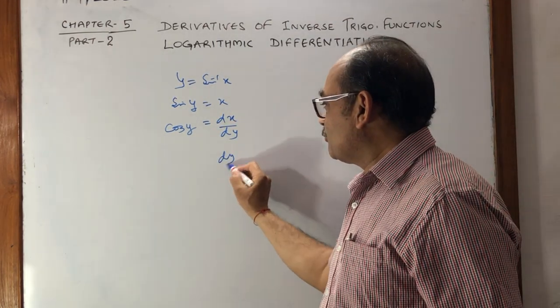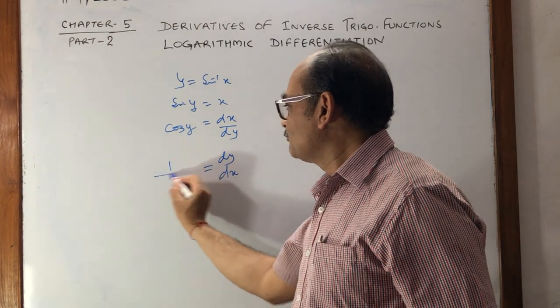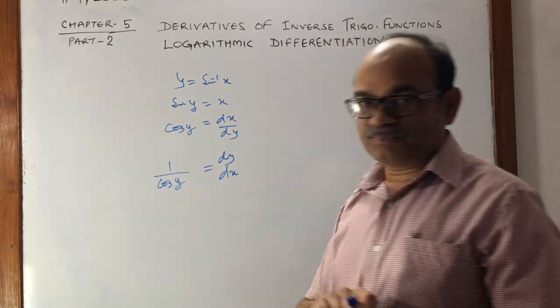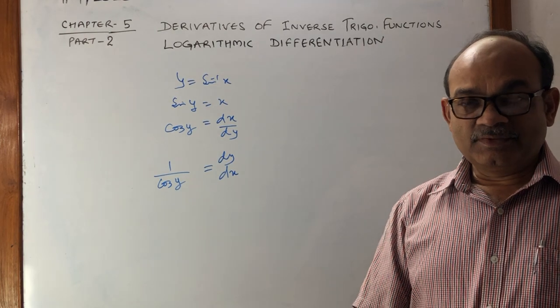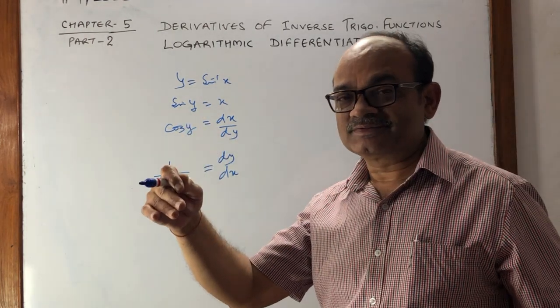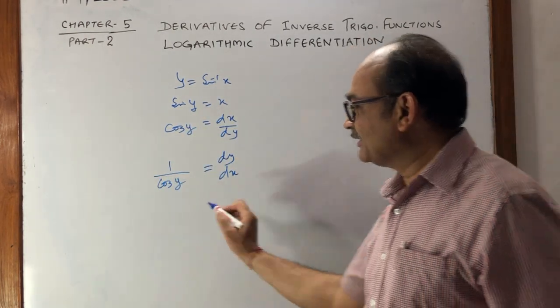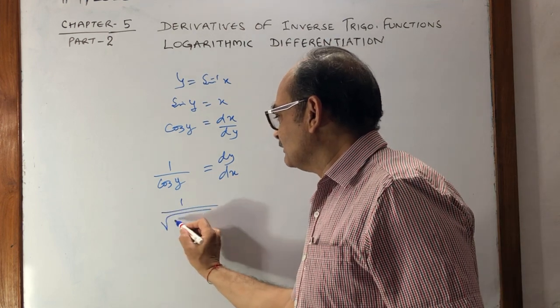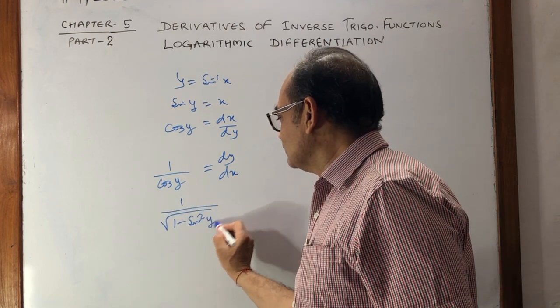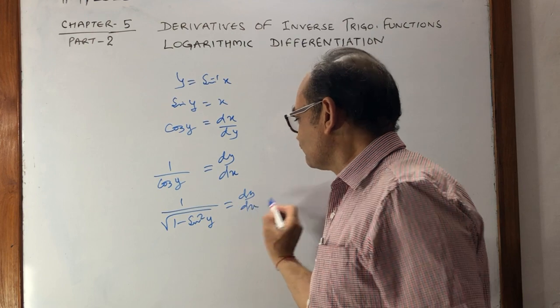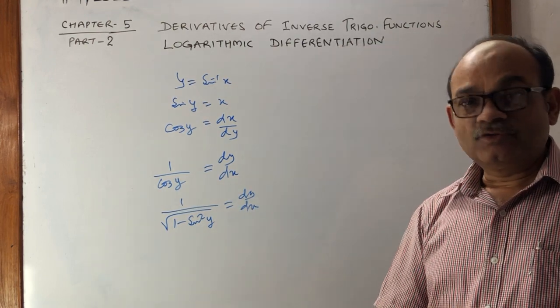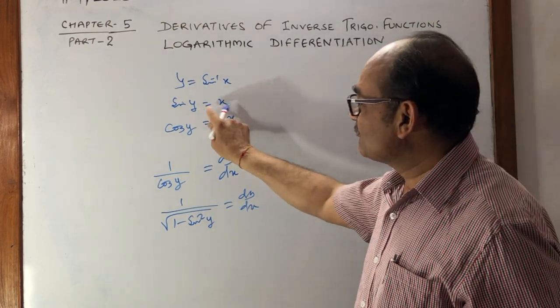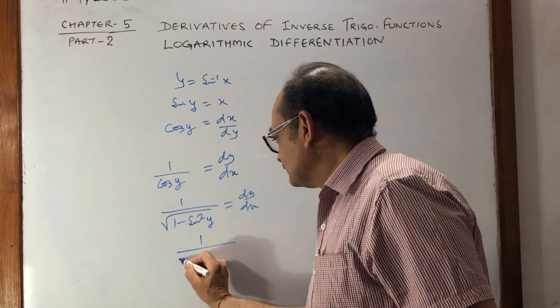Now, if I want to calculate dy by dx, I have to write 1 upon cos y. But again, I want to convert cos y to sin y. So applying the class 10th identity, dy by dx equals 1 upon under root 1 minus sin square y. And what is sin y? Sin y is nothing but x.